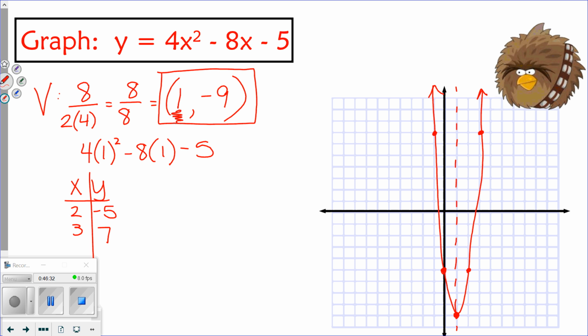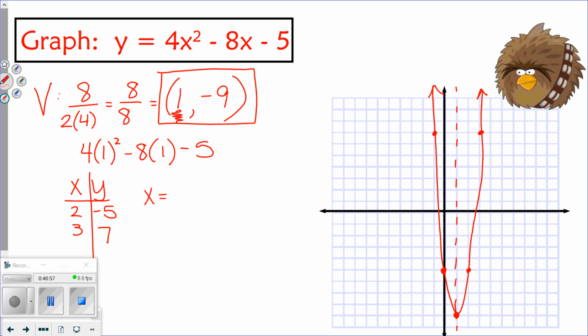Is there another option you could use? Does it factor? Honestly, at this point, if you're to a point where you're like, I don't know if that factors or not, I may just go straight to the quadratic formula. But I heard quadratic formula first. We can go with that.